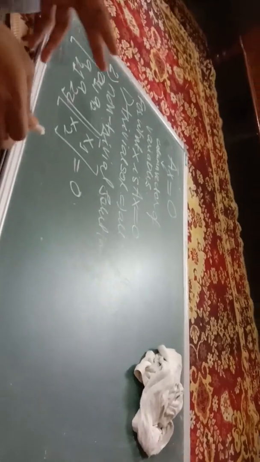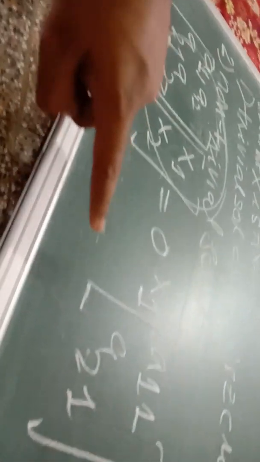Matrix multiplication can be viewed in two ways, and I assume the viewer already knows this: the row picture, with multiplication by dot products, and the column picture. If I use multiplication by columns, then this is nothing but a linear combination of the columns.